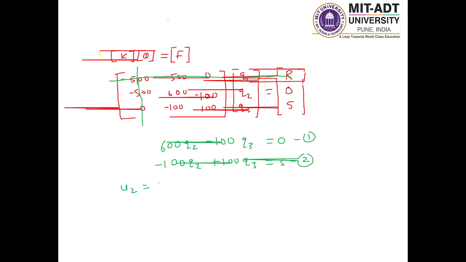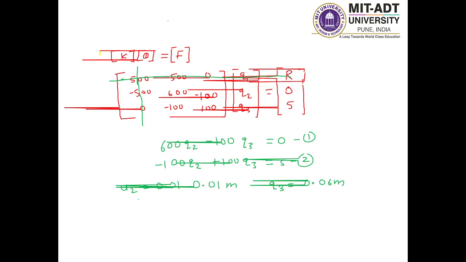So q2 here in this case is 0.01. So once again I am writing, q2 is 0.01 meter, and likewise q3 value is 0.06 meter.